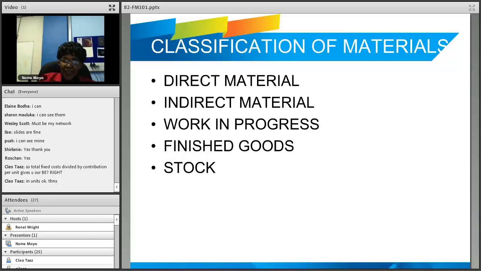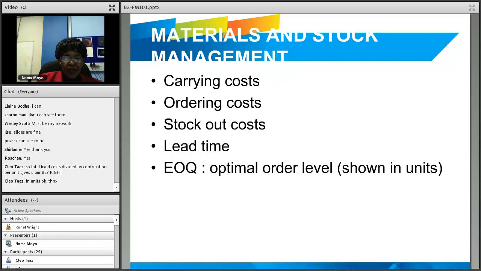Now we have classified this. Classification of materials: we have direct material that you can trace to the finished product. We have indirect material. We have work in progress, which is partly finished goods. We have finished goods, then we have inventory. We have also costs that are carrying costs.